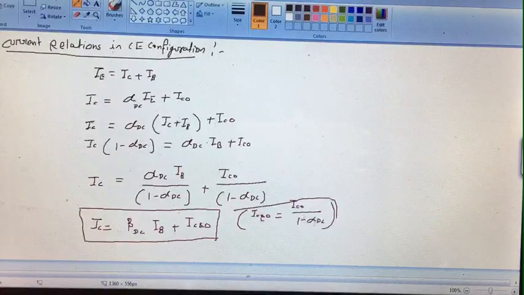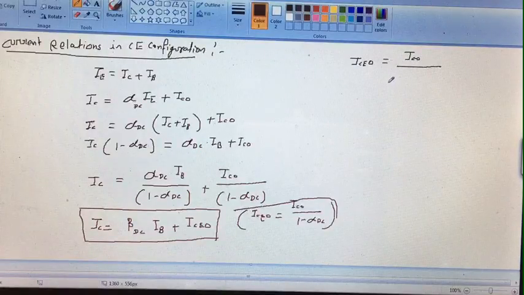Here we have considered the effect of the emitter also, so that's why we have written ICEO. ICEO is the reverse leakage current that would flow between collector and emitter if the third terminal, the base, were open. It may be noted that the magnitude of ICEO is much larger than ICBO.